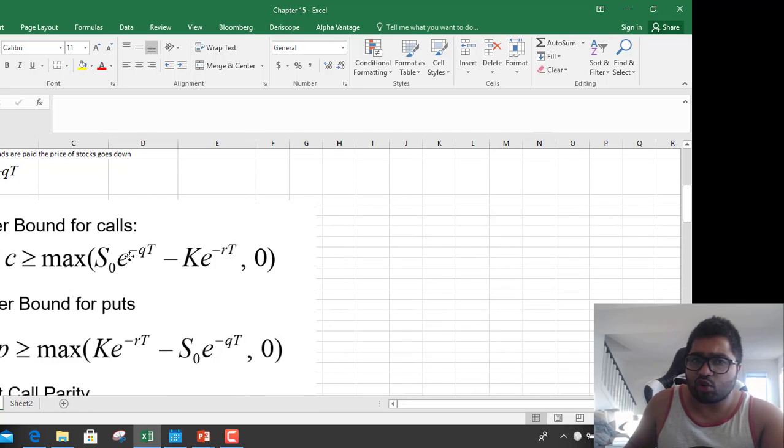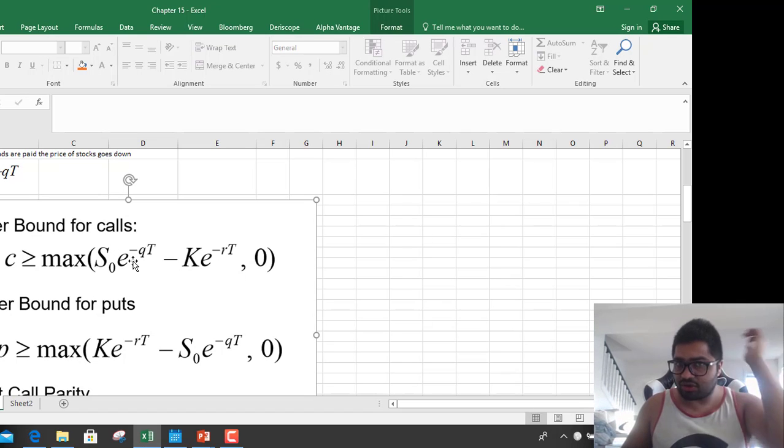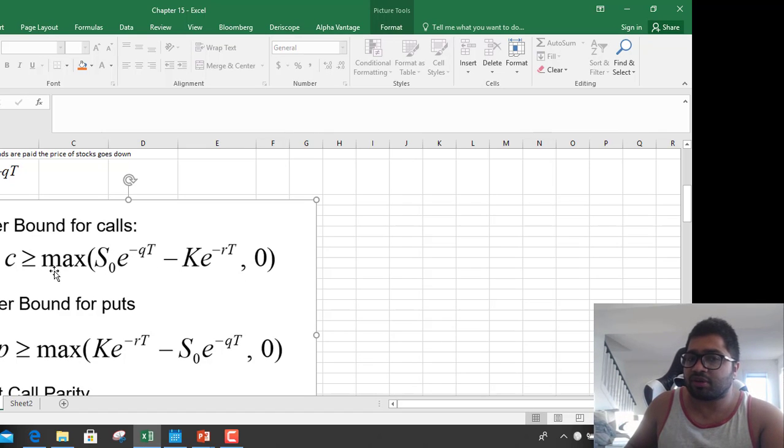We have discussed lower bounds of call options. The call option should be at least the maximum of S0 e^(-qT) minus K e^(-rT). The original formula was S0 minus K e^(-rT), so instead of S0, we substitute S0 e^(-qT). So the lower bound of call options becomes the maximum of S0 e^(-qT) minus K, the exercise price, times e^(-rT).